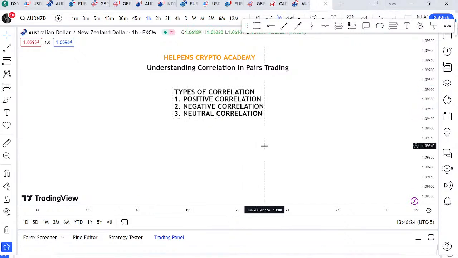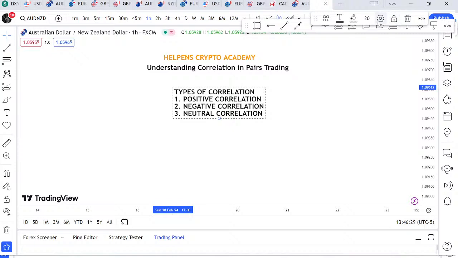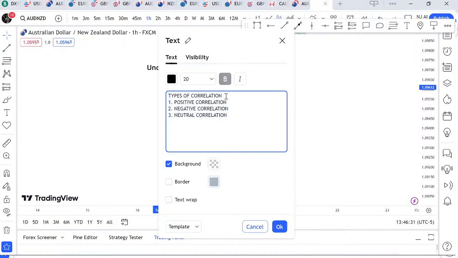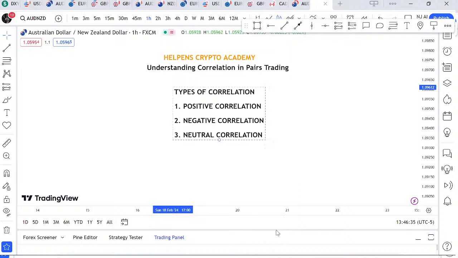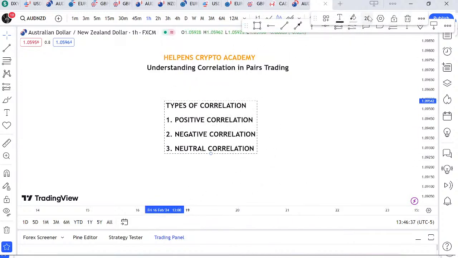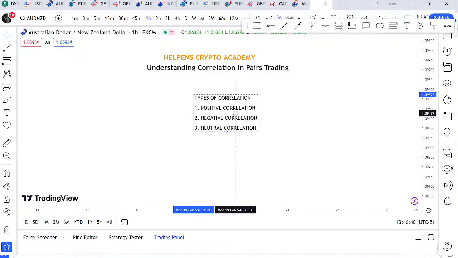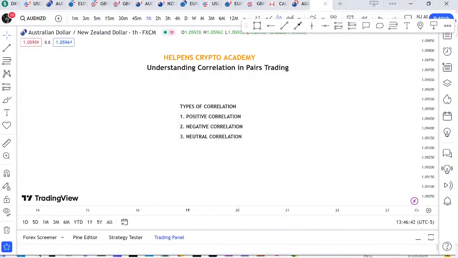Okay, we have these types of correlations: positive correlation, negative correlation, and neutral correlation. I explained what positive correlation is last week.